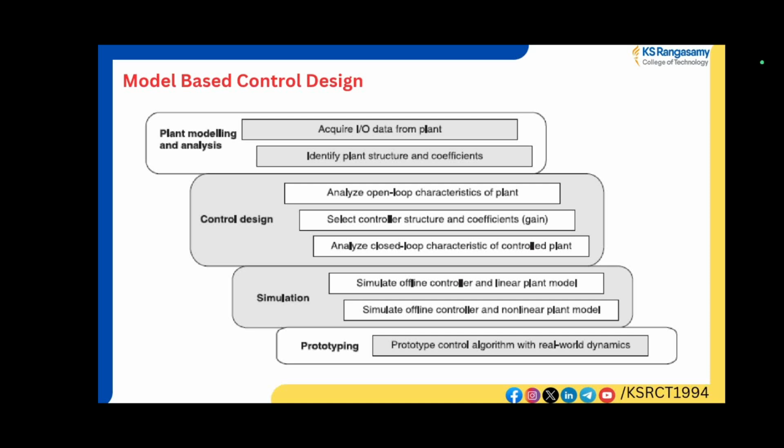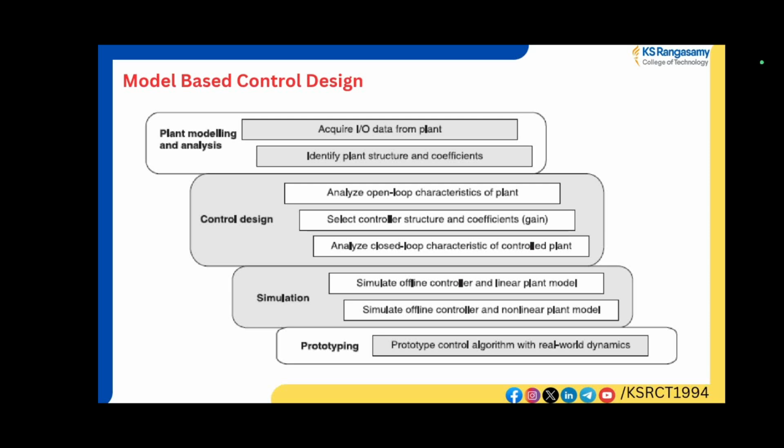When designing these control systems, control engineers use the model based approach. This consists of using mathematical models to represent plants and controllers. The model based control system can be broken down into four steps: plant modeling and analysis, control design, simulation, and prototyping.